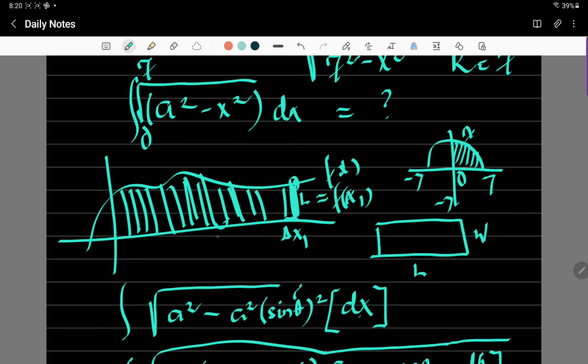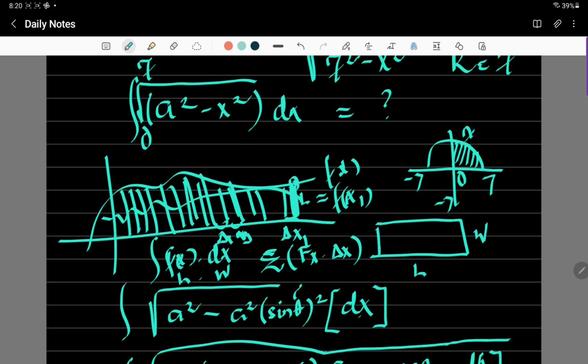So basically you have f(x) times delta x. This one means length times width. The integral is the same thing as sigma, the sum. So you add them all up, all this function times delta x, and it gives you the area, everything here. That's the whole purpose of the integral.